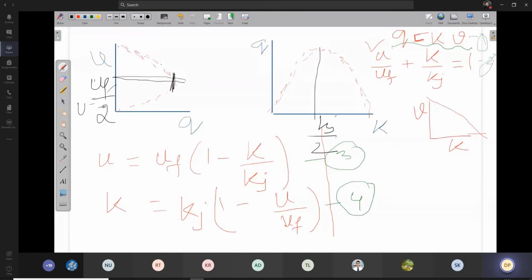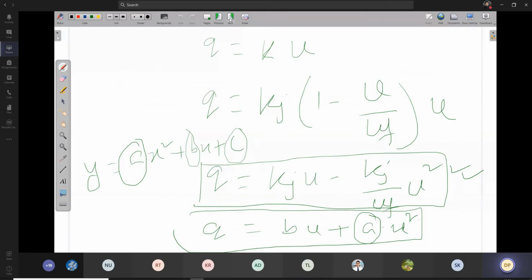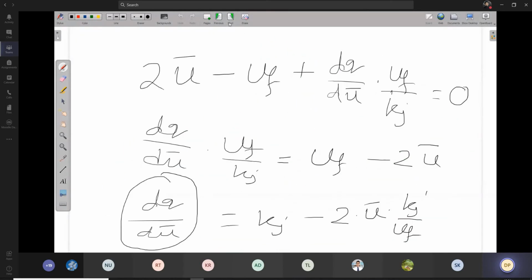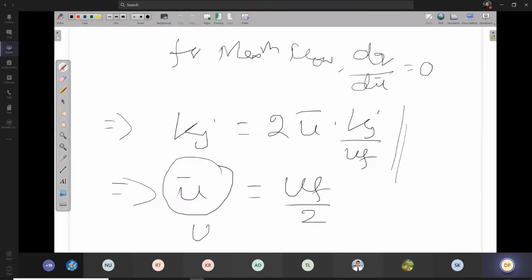I can denote this by some other parameter, let us say u0. In this equation we got that u0 is equal to uf by 2. u0 is the speed when the flow is maximum.